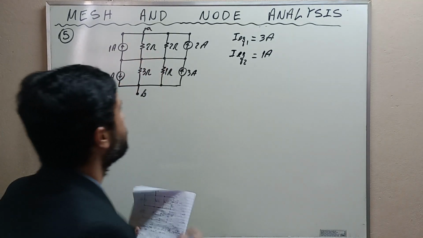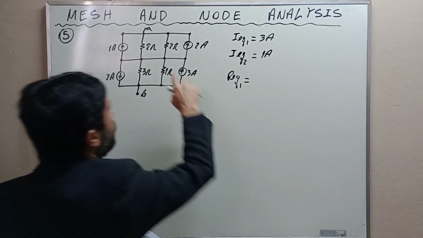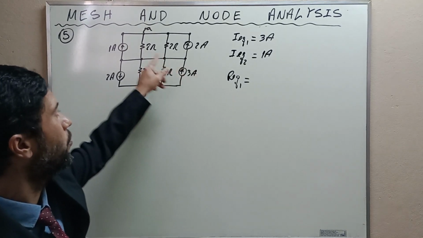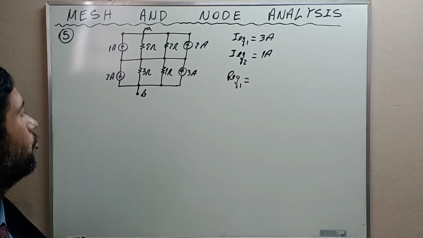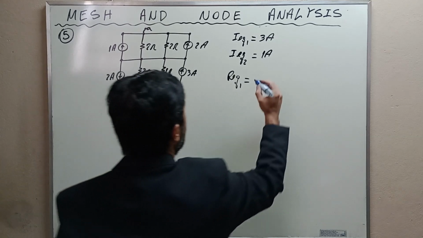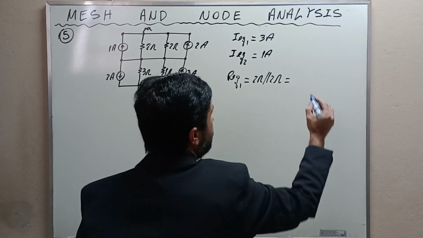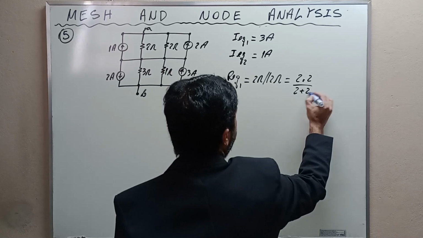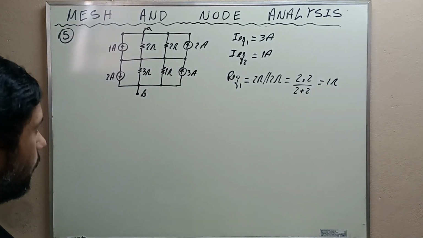And how about the resistances? This and this. This equivalent resistance will be the parallel combination of these two resistors. Observe that they are in parallel. It is 2 ohms in parallel with 2 ohms, and this is equal to 2 times 2 divided by 2 plus 2, which is equal to 1 ohm.